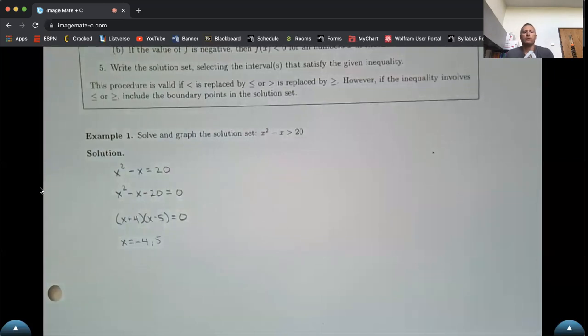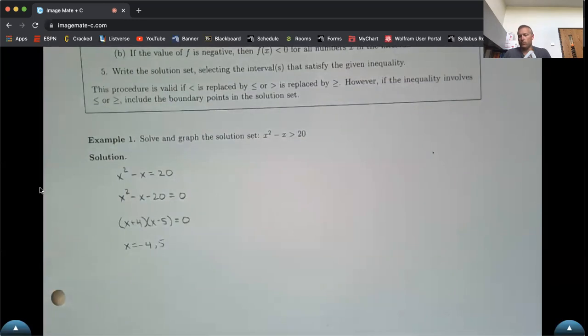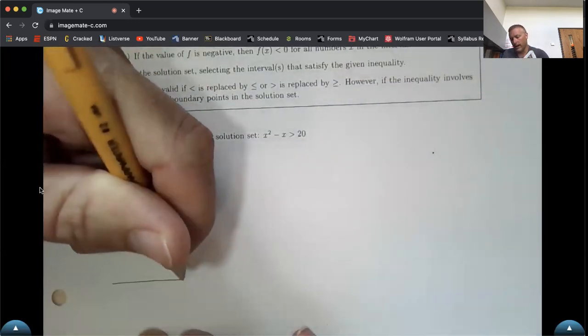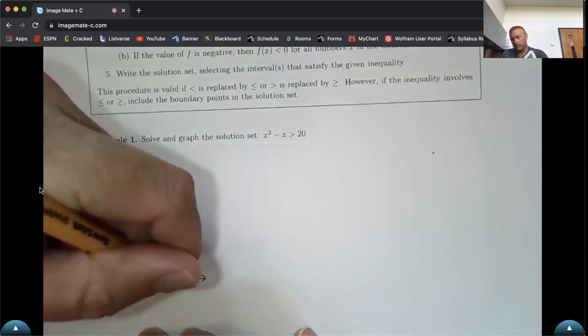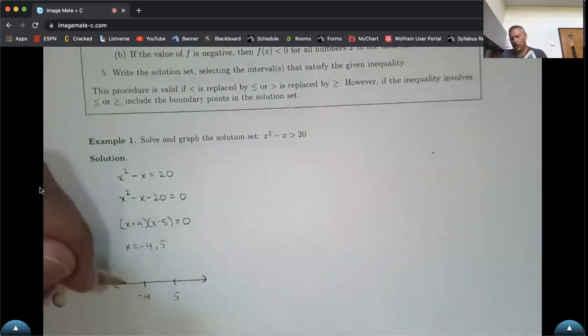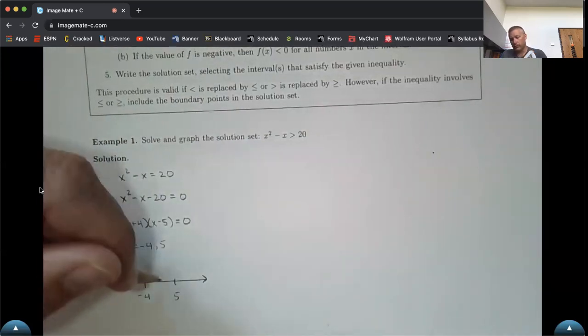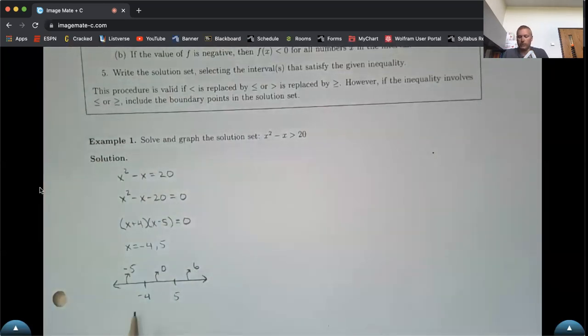But we have to be careful to understand this is an inequality, not an equation. Negative 4 and 5 make this an equation, not an inequality, but they're not useless. What we do to figure out the actual solution set is put these numbers on a number line, negative 4 and 5. I'm going to pick some sample points in each region. Any number will do: something to the left of negative 4, something in between these two, and something to the right of 5.